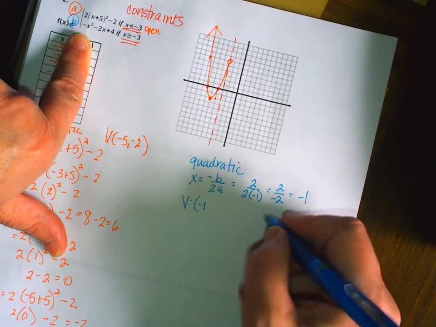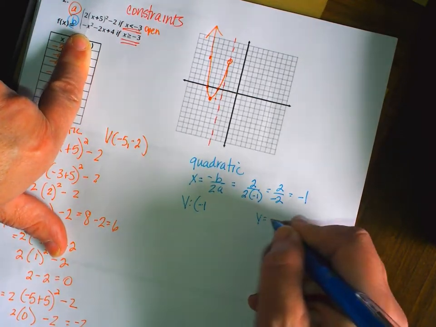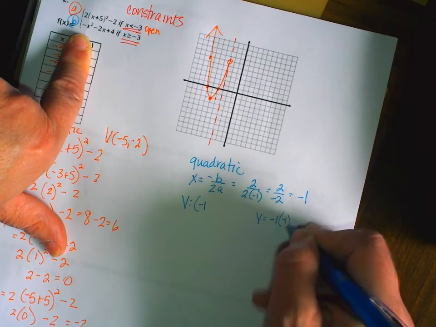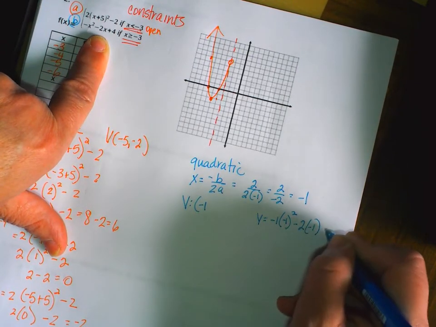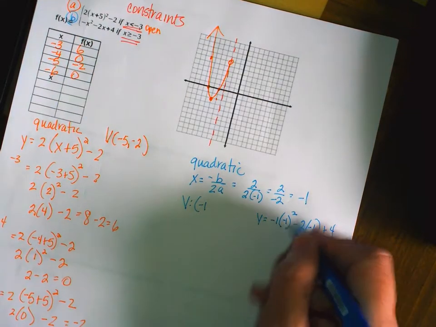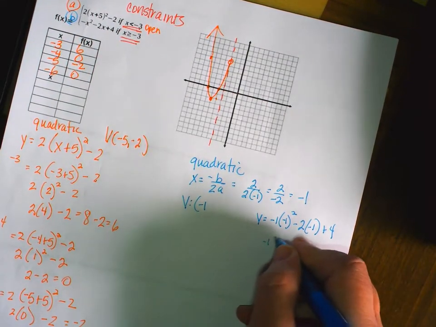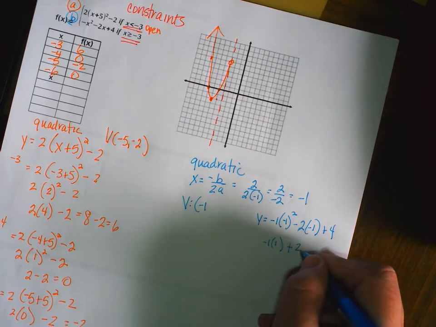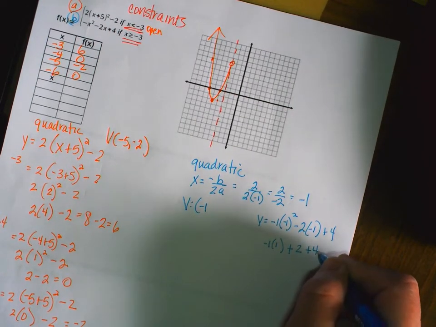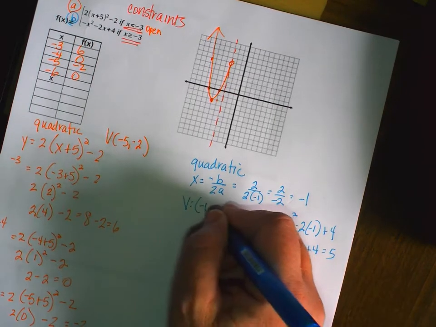My y is going to be -1 times -1 squared minus 2 times -1 plus 4. -1 squared is +1, so I have -1 times 1. -2 times -1 is a +2 and a +4. So I have 2 and 4 is 6, and this is going to be a -1, so that's going to be a 5. So my vertex is at -1, 5.